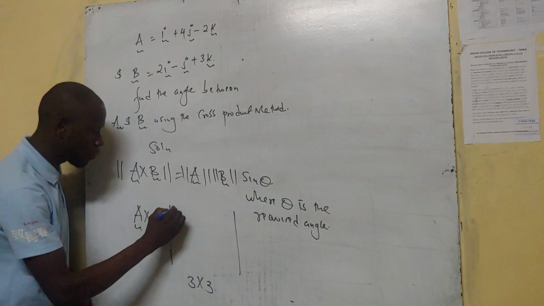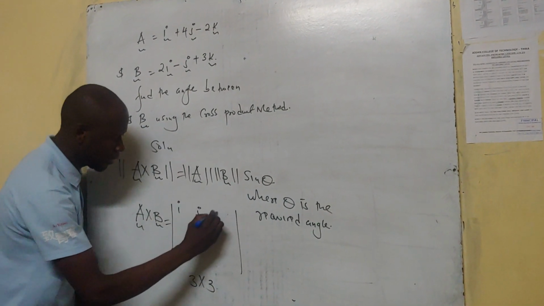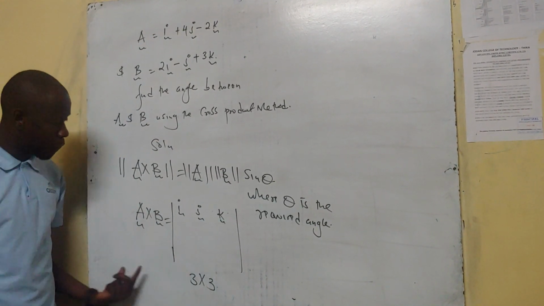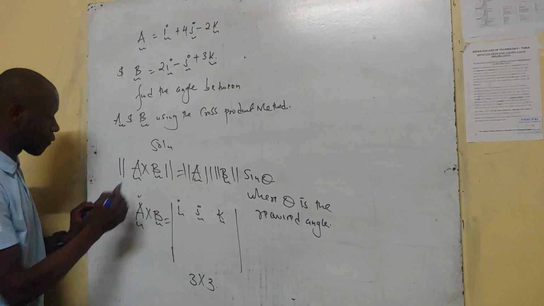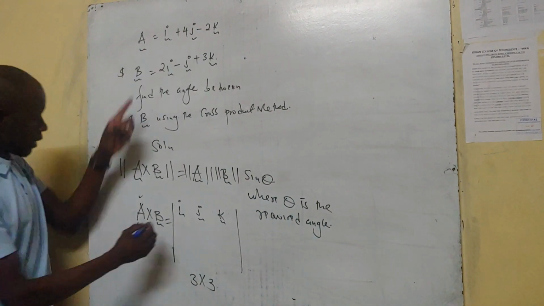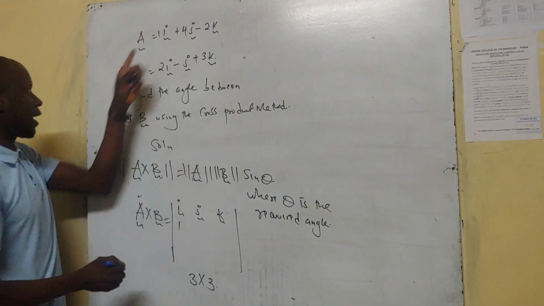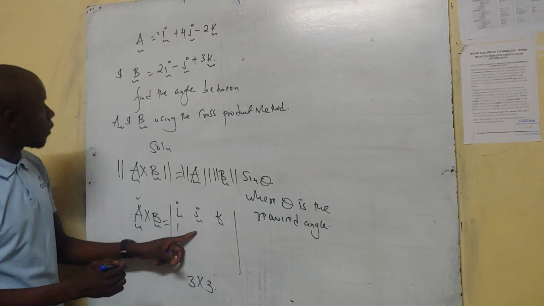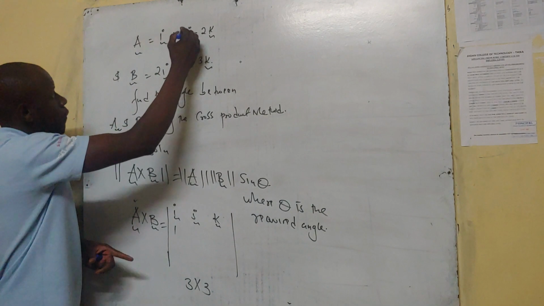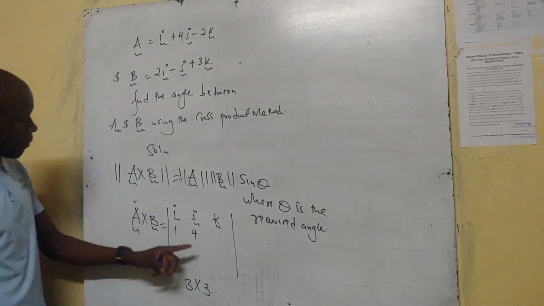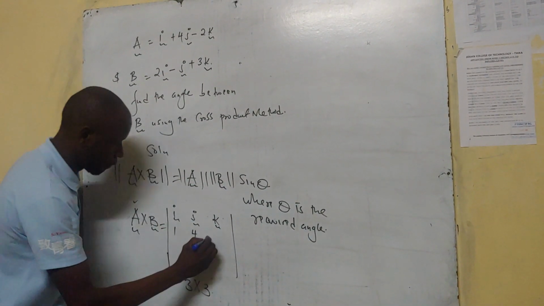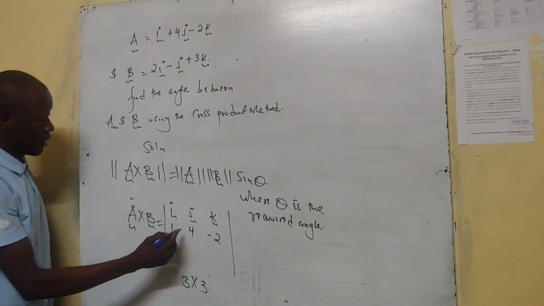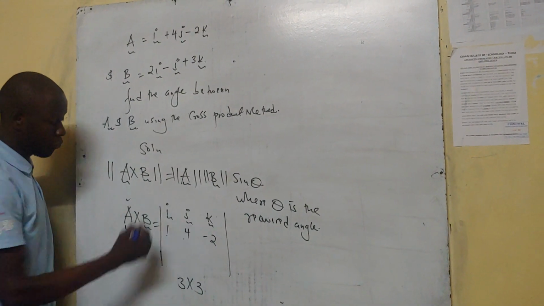In the first row, it is always the elements I, J, K. The second row of this determinant is given by the elements of A. The element of A along I is 1, along J is 4, and along K is -2.